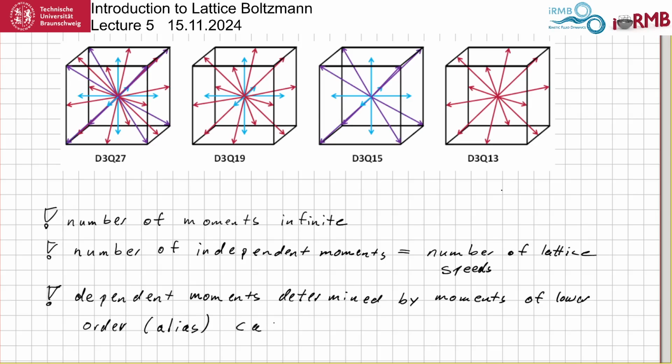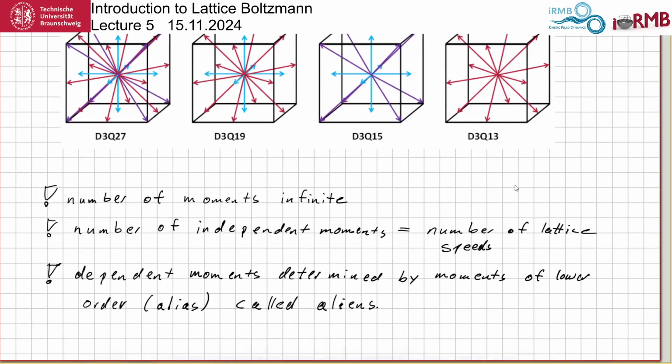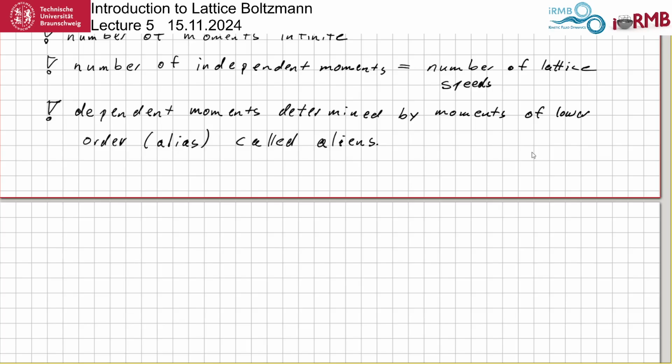And because we call the useless moments ghosts, we call the ones that are repeating aliens, because they cause aliasing. I think this is not in the book. The ghosts are in the book, the aliens are not in the book. But anyway, we use them here.